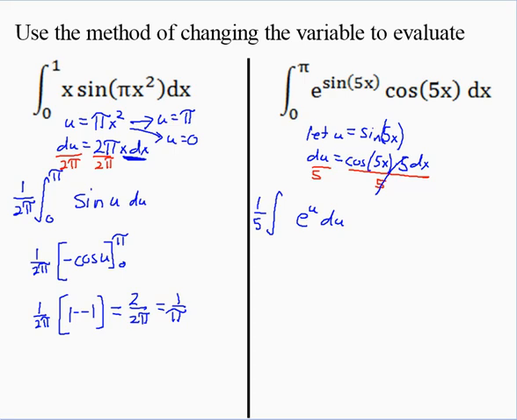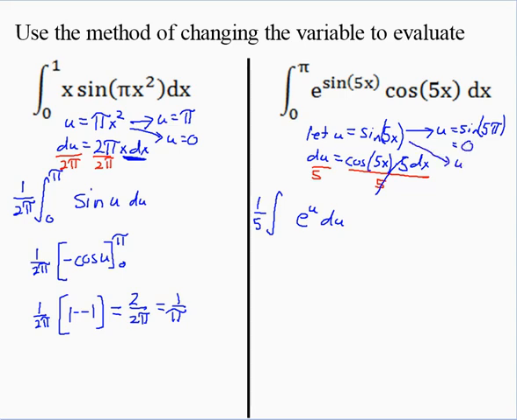And now we can go ahead and change the indexes there. So we're going to plug in the top. So this is u equals sine of 5 pi. Well, that's 2 full rotations, then an extra pi, so this is really the same as sine of pi, which is 0.